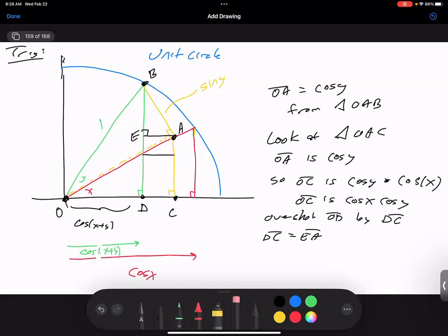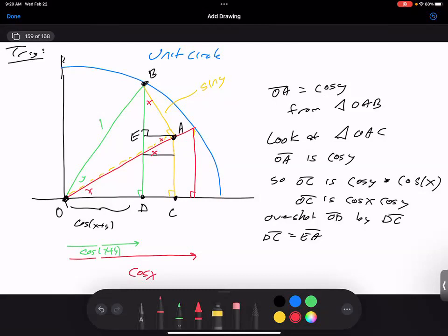So if this is X, this is the angle X over here. So then this would be angle X over here, right? Because I have two parallel lines. And then if that's X, then the stuff above it has to be 90 minus X. And because I have a right triangle, then this has to be X over there.